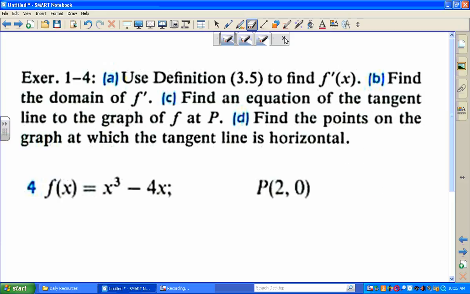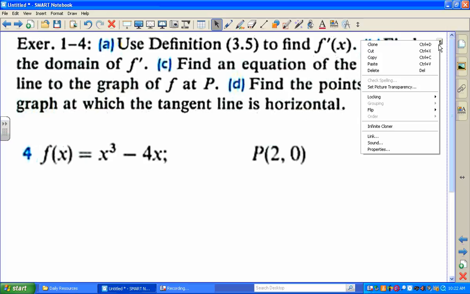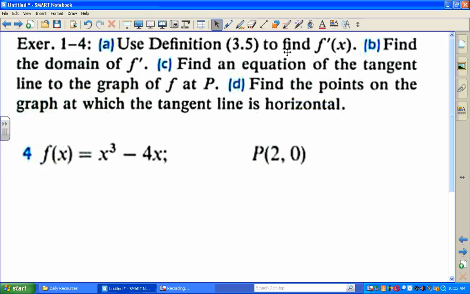So, with all that said, here's the first part of the problem you're going to have. It says, use definition 3.5 to find f prime of x. Okay? So this part isn't even involved yet. I'm just going to use part A, f prime of x.